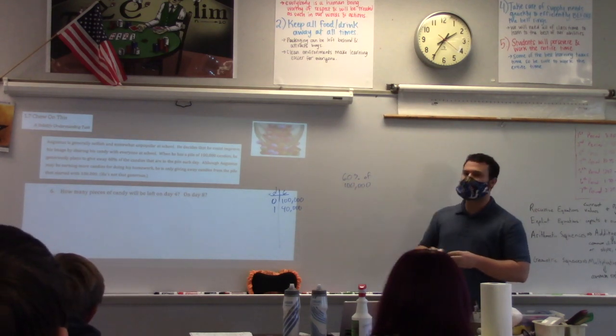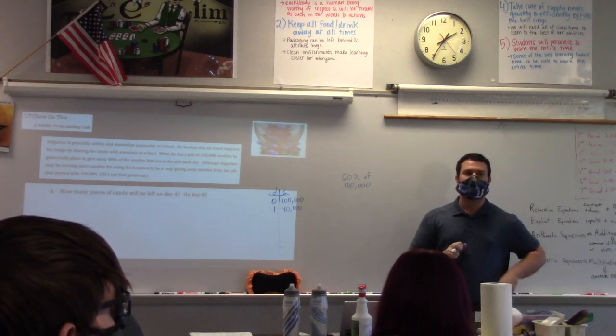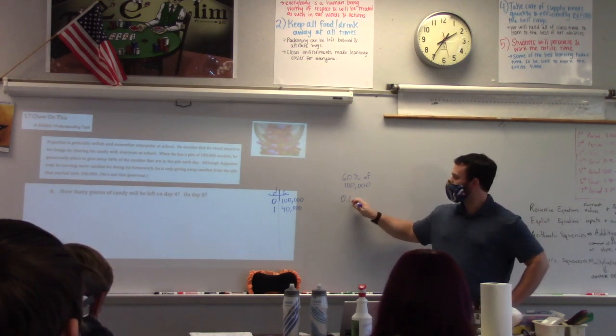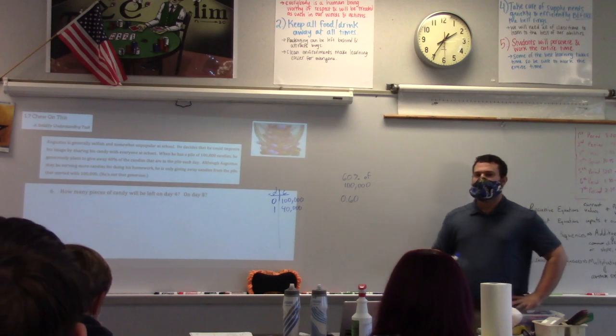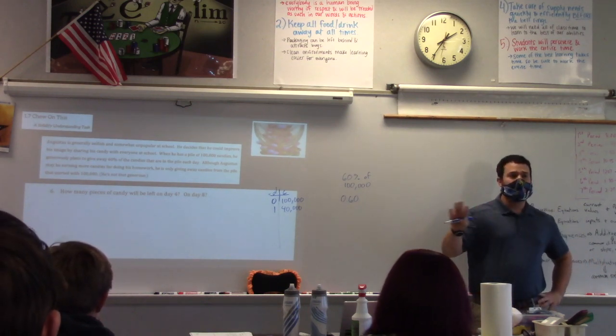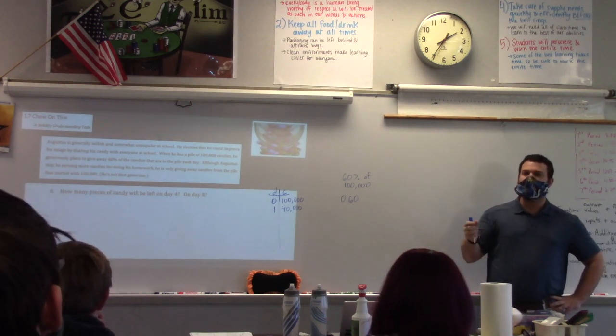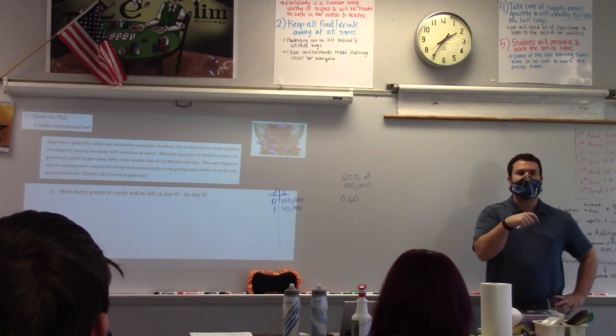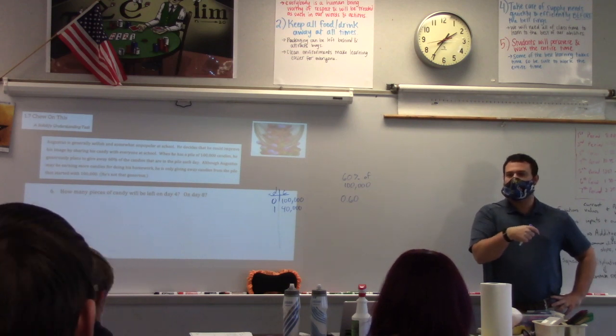Now, I'm not going to write it as 60. What am I going to write that 60% as? 0.6. Now, I want to talk about this just to clarify, to make sure we're all in the same boat. Does anyone know why we moved that decimal like that, or where that decimal came from? It's okay if not, but this will help you in the future.